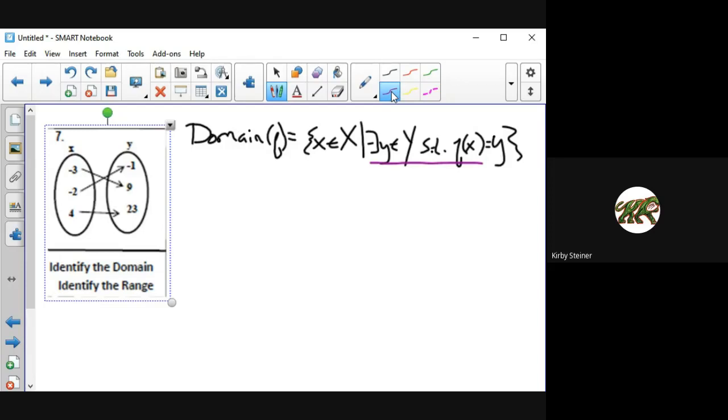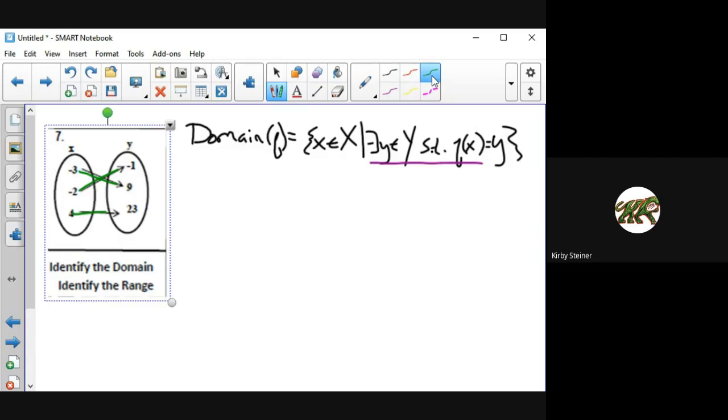These arrows tell us that is a way of defining that function, right? So when x equals -3, the function is defined, and the output of that function is 9, right? When x equals -2, that function is defined, and the output is -1. Same for 4 and 23, right?